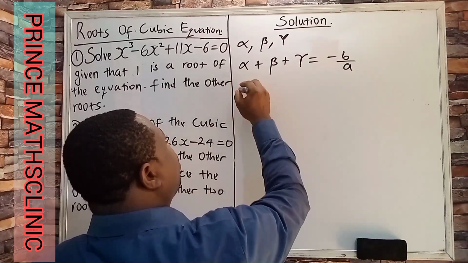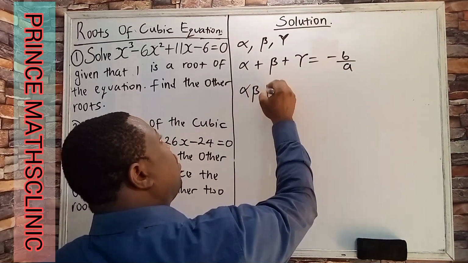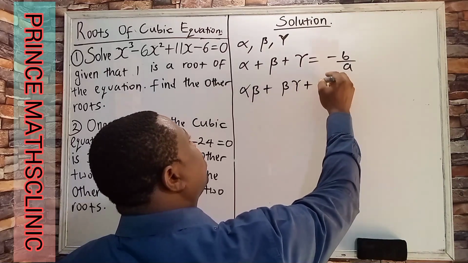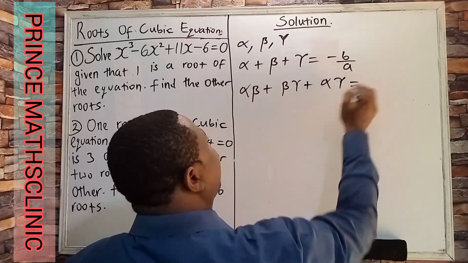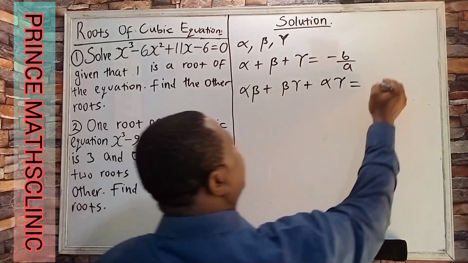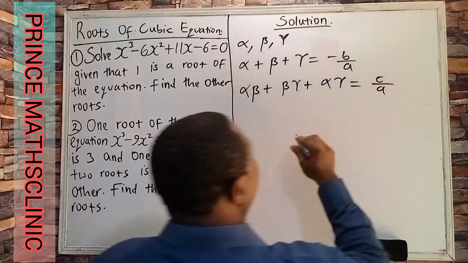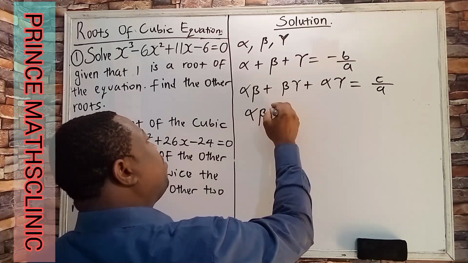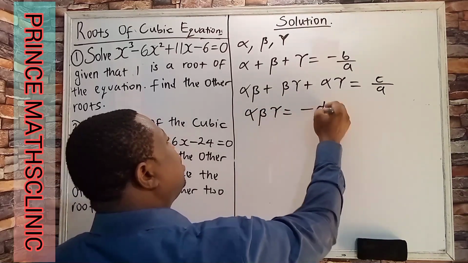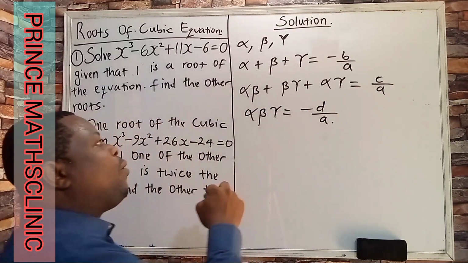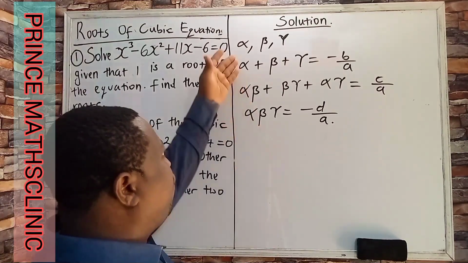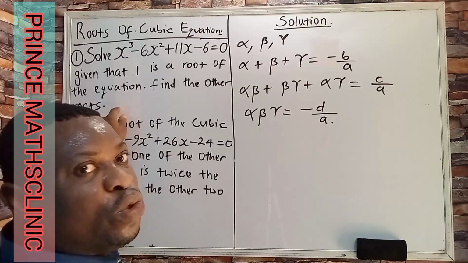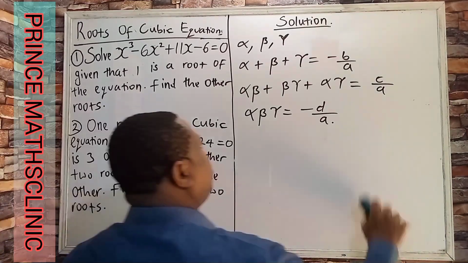And alpha beta plus beta gamma plus alpha gamma equals c over a. And alpha multiplied by beta multiplied by gamma equals negative d over a. Now we are going to use these formulas in obtaining the other roots in this equation.